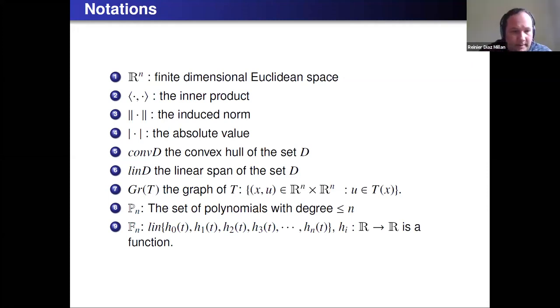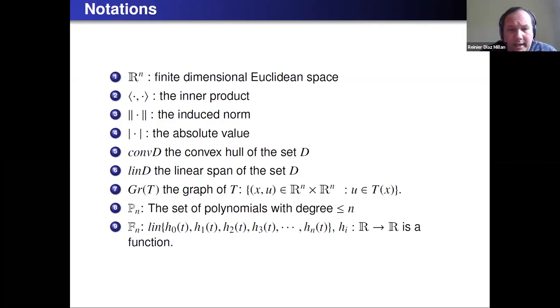By P_n we will denote the set of polynomials with degree n, and by F we will define an extension of polynomials.